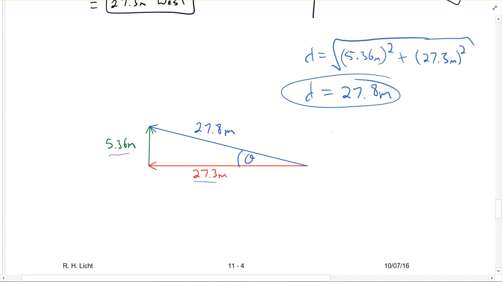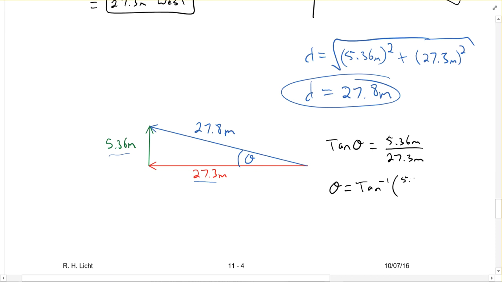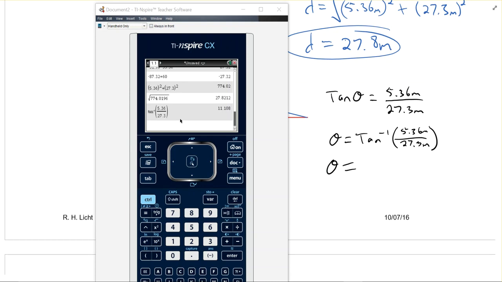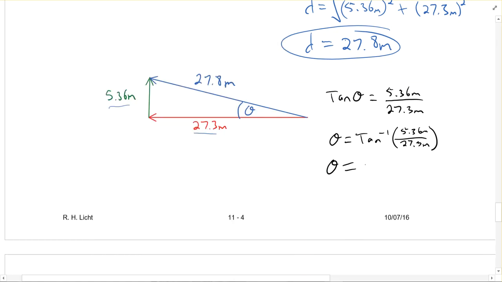So tan theta is equal to opposite over adjacent, so 5.36 meters over 27.3 meters. So theta is equal to the inverse tan of that, which ends up being 11.1, or just 11 degrees.